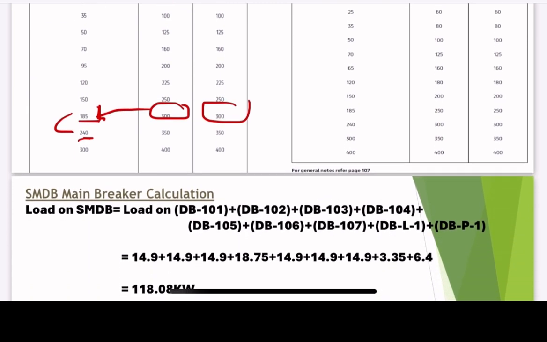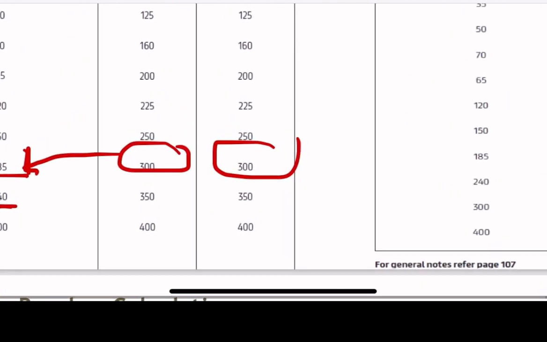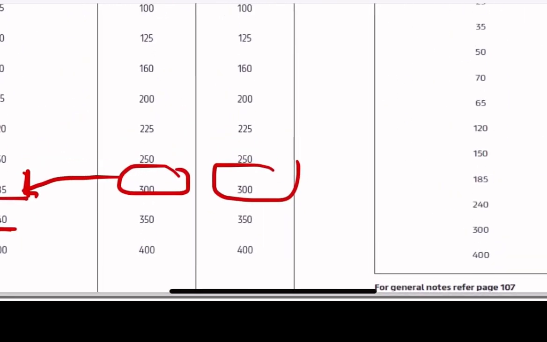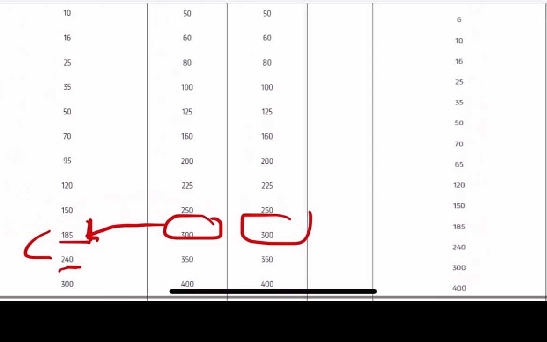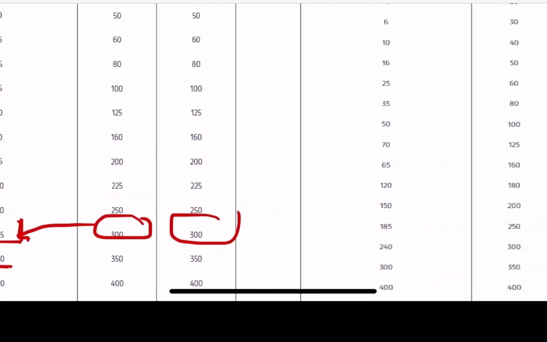Here you see our calculated breaker rating came as 250 ampere, so for 250 ampere the cable size is 150 square mm.